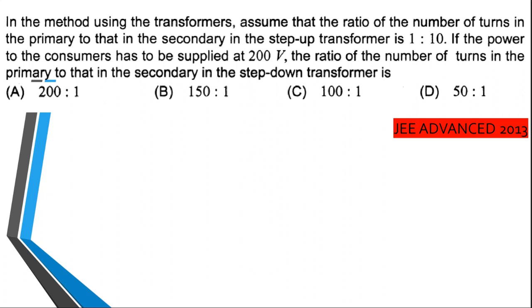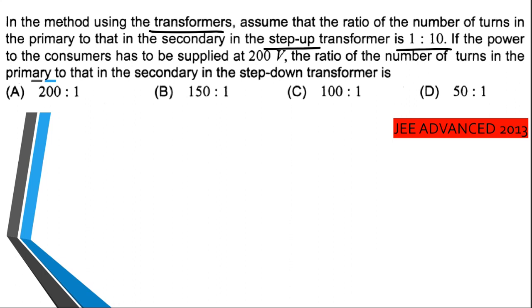Now we have moved on to the second question based on the passage. Let us read the question and understand. In this method, we are using transformers and assuming the ratio to be like this. It's a step-up transformer. So remember, in case of a step-up transformer, the value of secondary voltage or the output winding should be more than the input winding.